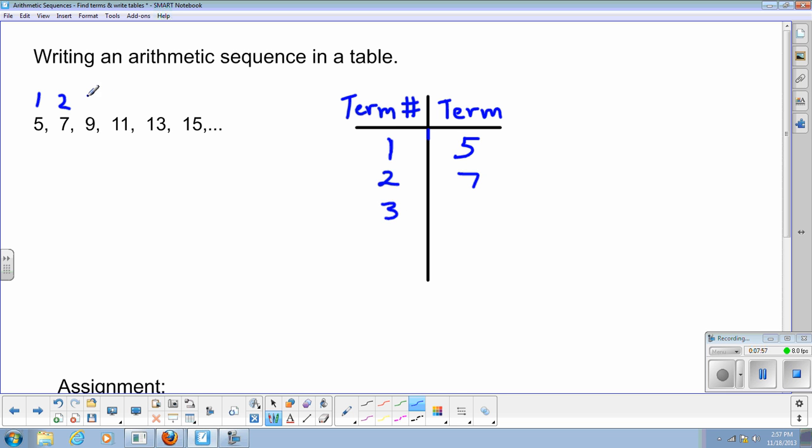Well, my third term is 9. Fourth term, 11. Fifth term, 13.